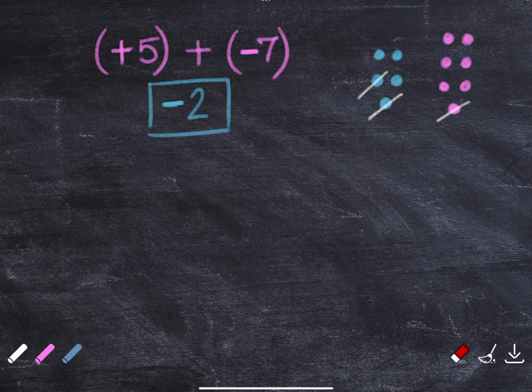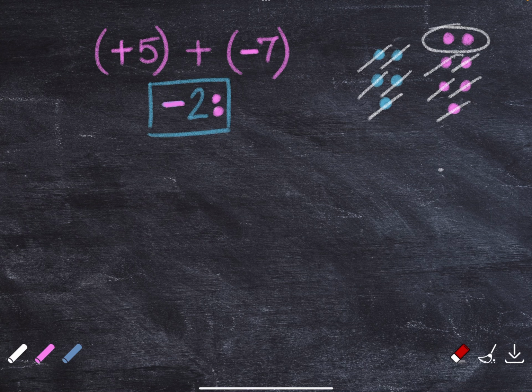Then another, one negative, one positive, one negative, one positive, and so on. So what am I left with? This is what I'm left with, and the answer is 2 counters. And what color are they? Pretty much red or pink, you can say. So they are negative, and hence the negative symbol.